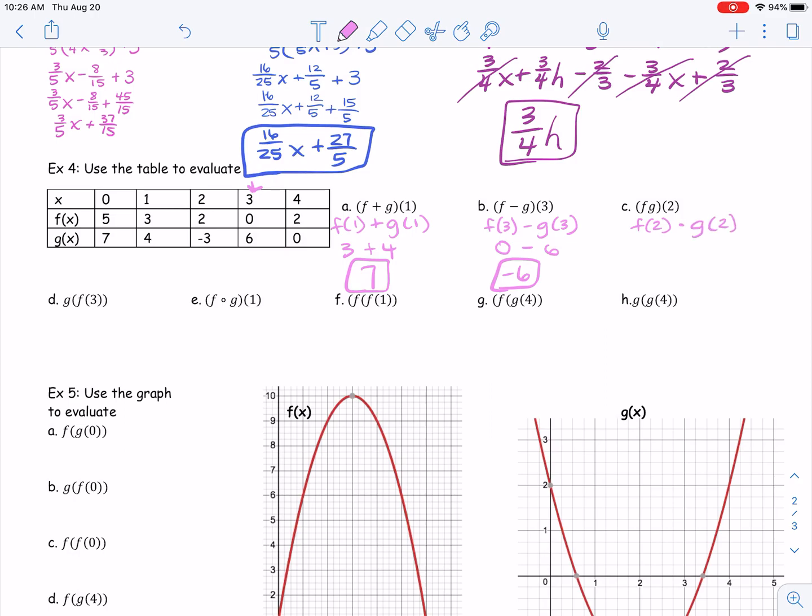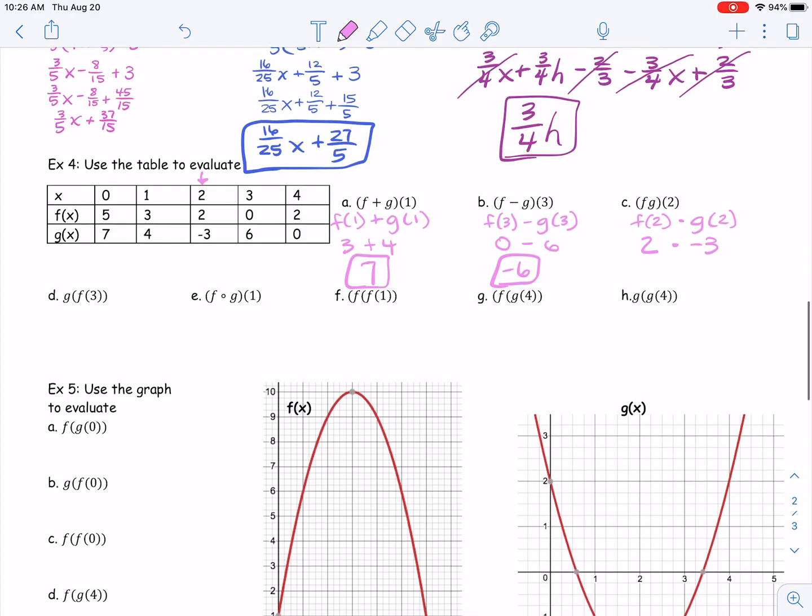So my x value is now 2, so I'm looking at this column. F of 2 is 2 times g of 2 is a negative 3. So 2 times negative 3 is negative 6. Okay, super easy if you can read the notation correctly and if you can read your table correctly.